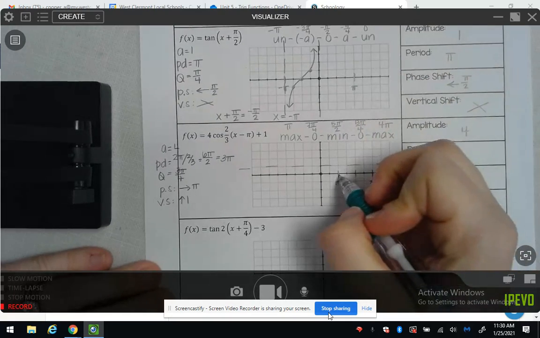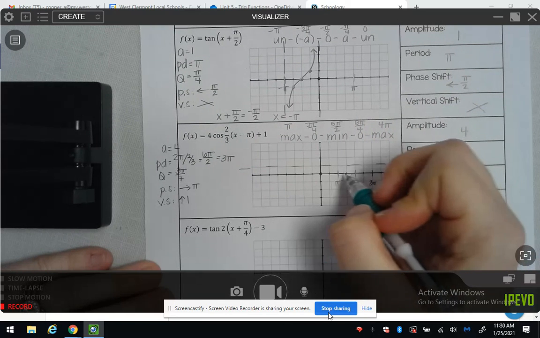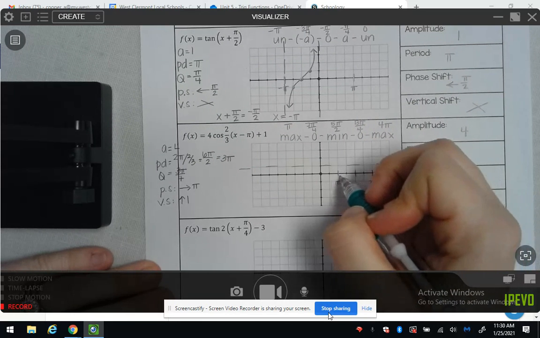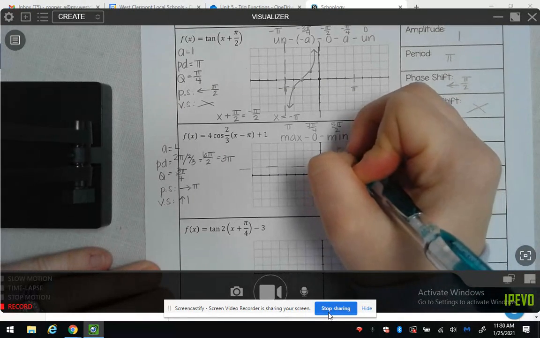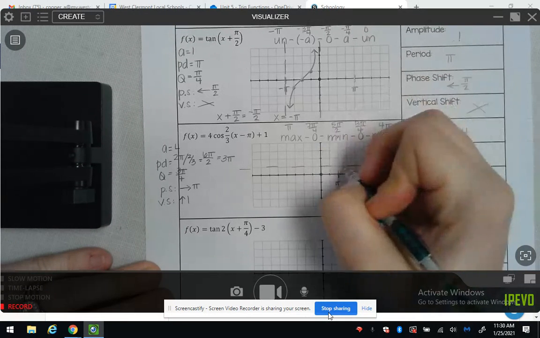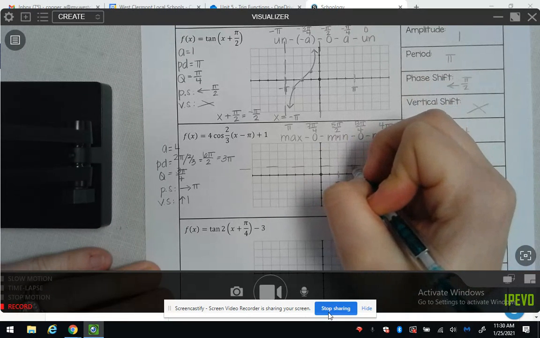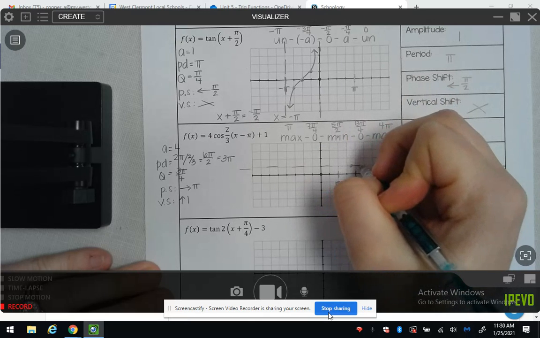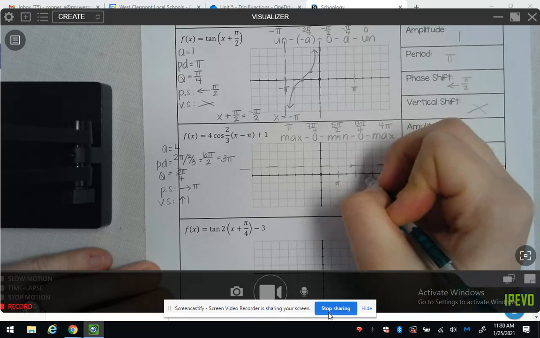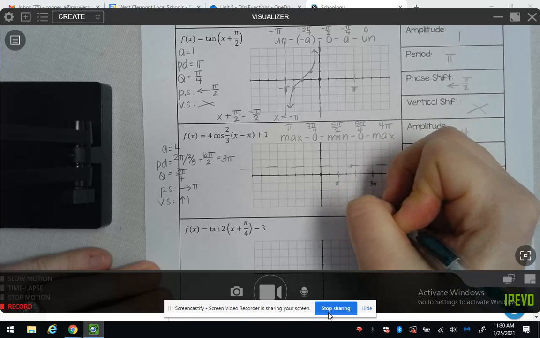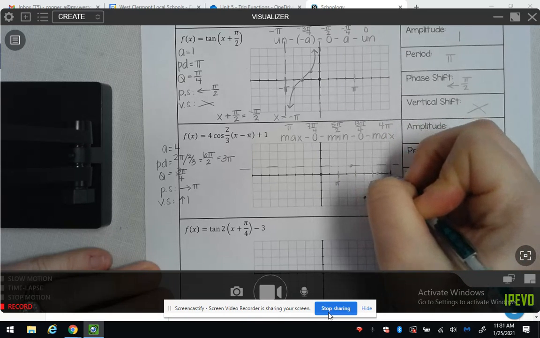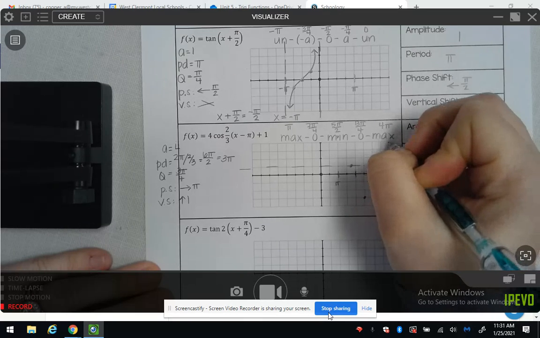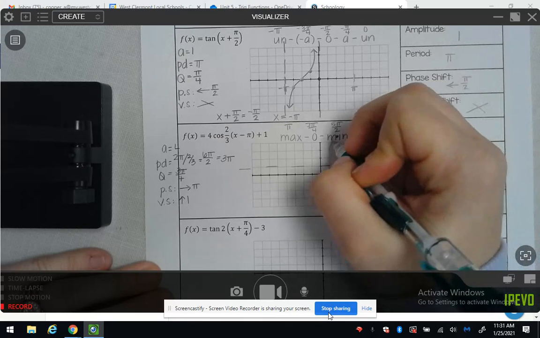I start at pi, adding 3 pi over 4. If this is whole pi, each of these is pi over 4. So start here. Pi is my maximum, so I'm going to go up 4. Then I'm at my 0. Then I'm down 4. Then I'm back at 0. Then I'm back at my maximum.